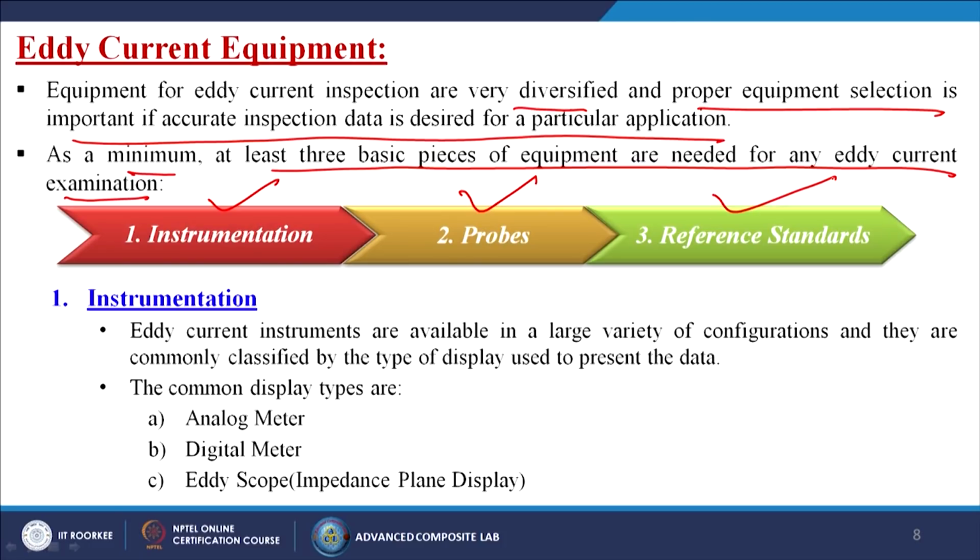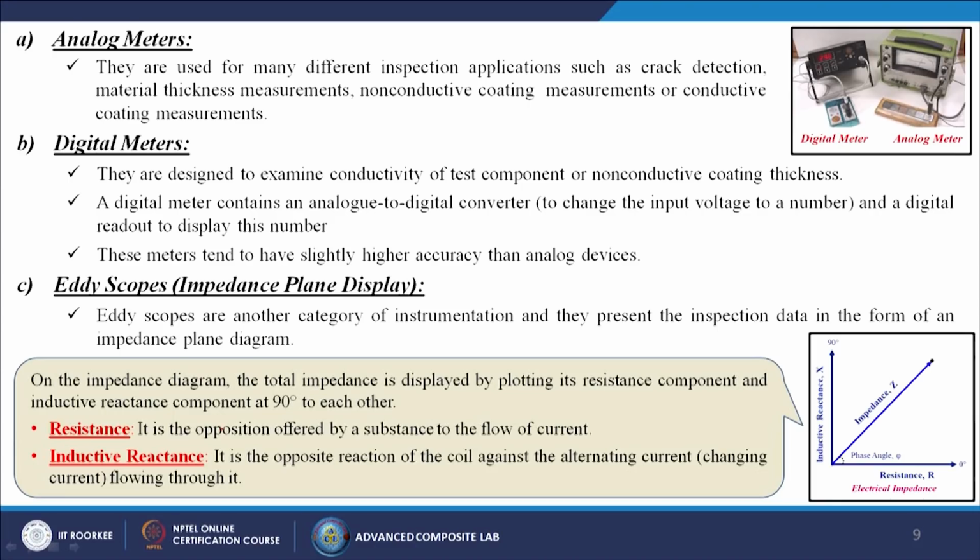When you are talking about instrumentation, eddy current instruments are available in a large variety of configurations and are commonly classified by the types of display used to present the data. First is the analog meter, then the digital meter, and the eddy scope, or impedance plane display. What is an analog meter?